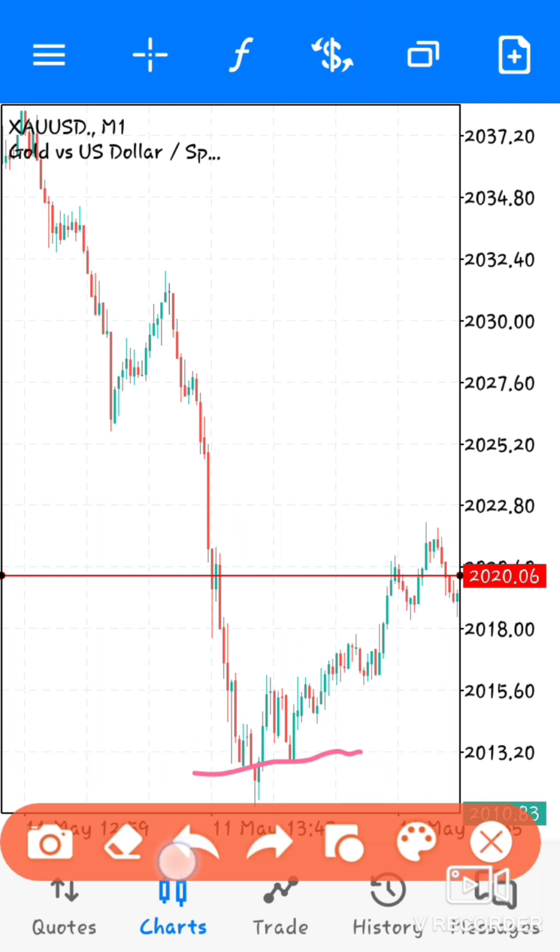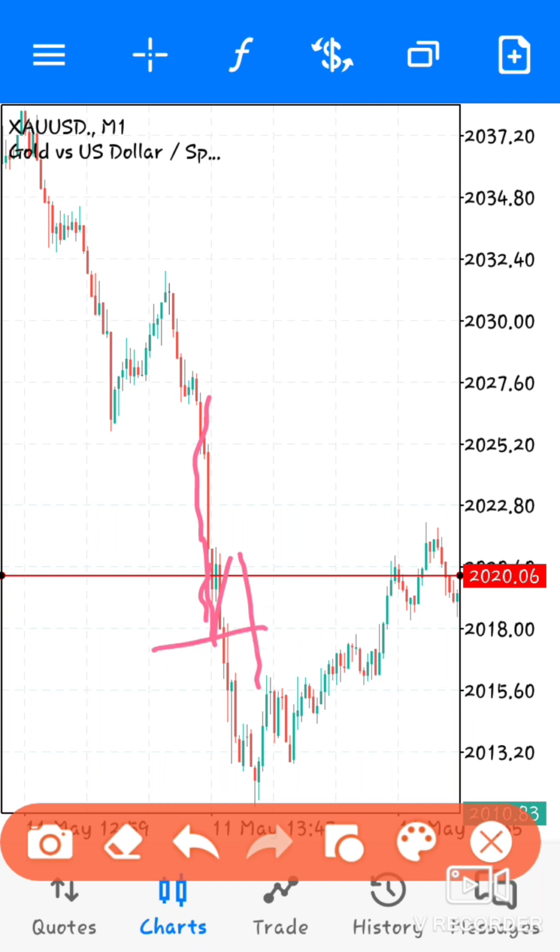Let me explain again. I've already marked my support level in H4 and now I'm in M1. I want to see price pull down to that level, and once price is at that level, what I want to start looking out for is a trap. I want to see where people are about to be taken out. For this one you can see price came down, pulled back up, created a trapping zone here, created liquidity here, and then came back, took out people that were in for a buy here.